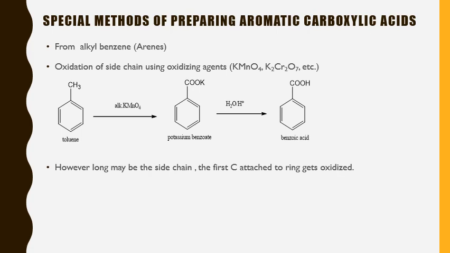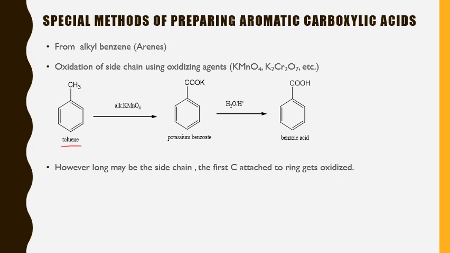Here if you see the example, it is a benzene ring which has an alkyl side chain, which is a CH3. Somebody can name it methyl benzene, or the most common name is toluene.